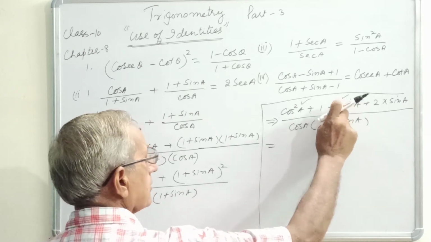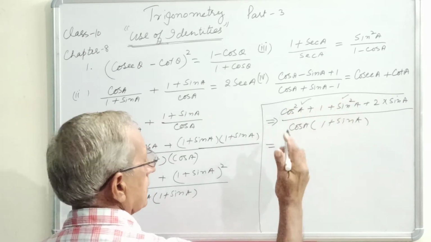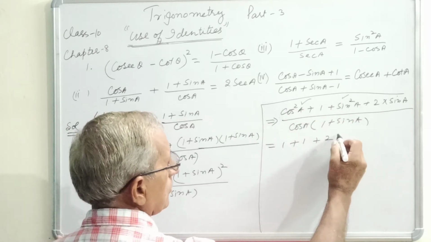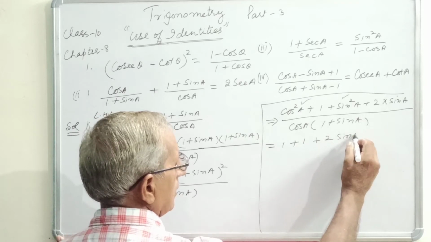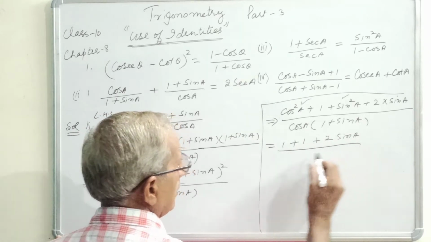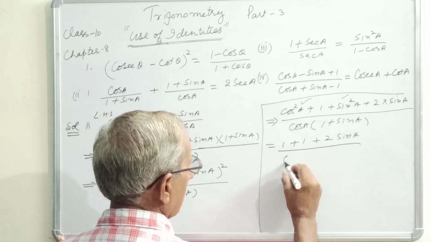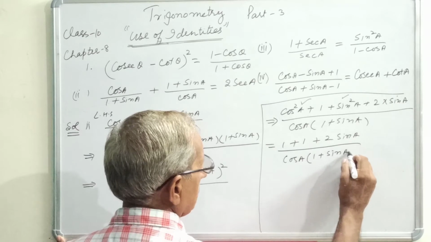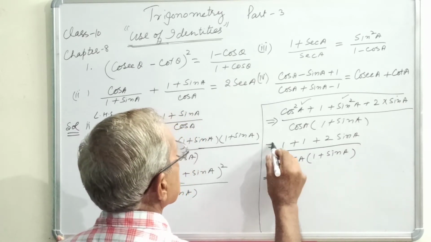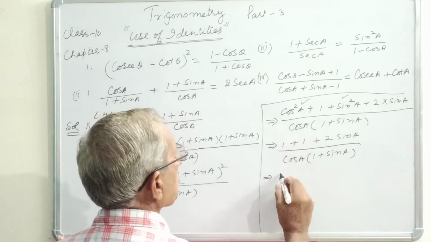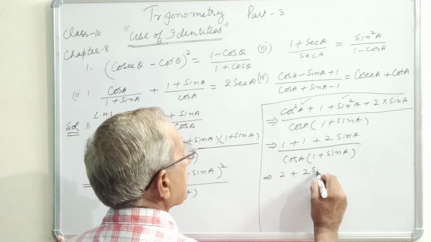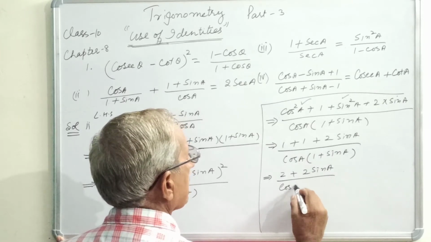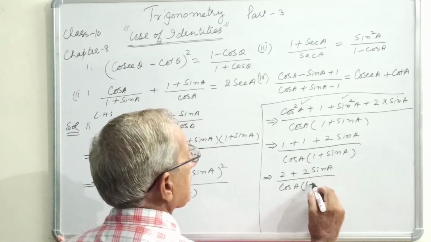So I am putting value for these two, that will be 1 plus 1 plus 2 sin A. The denominator is cos A into (1 plus sin A). So 1 plus 1, 2, plus 2 sin A upon cos A into (1 plus sin A).